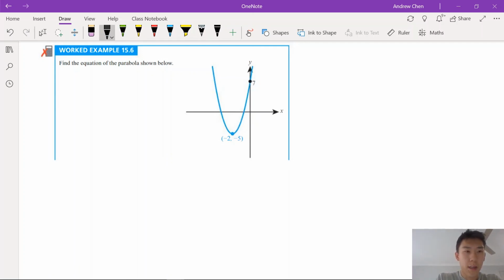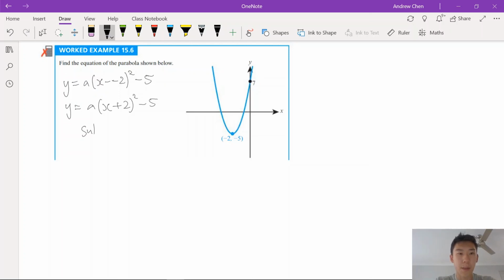So y equals a(x take negative 2) squared plus k, which is negative 5. Simplify, y equals a(x plus 2) squared minus 5. And now all that's left to do is figure out what a is.